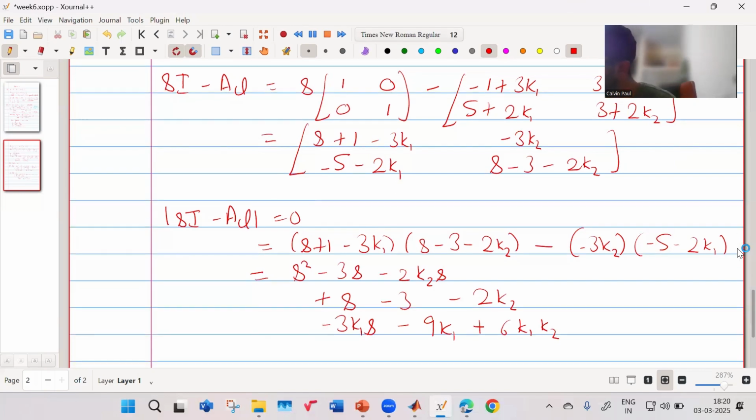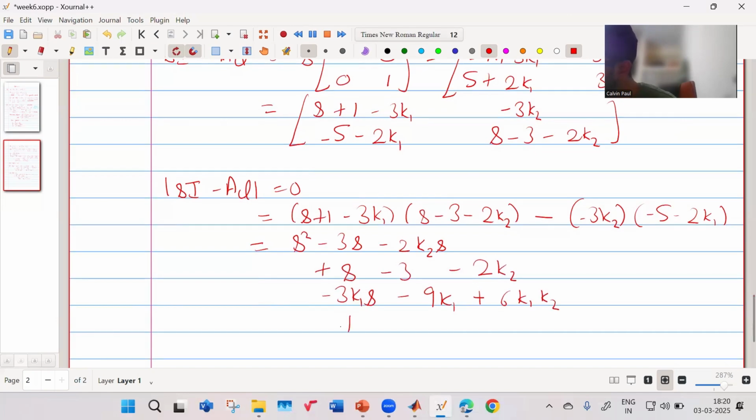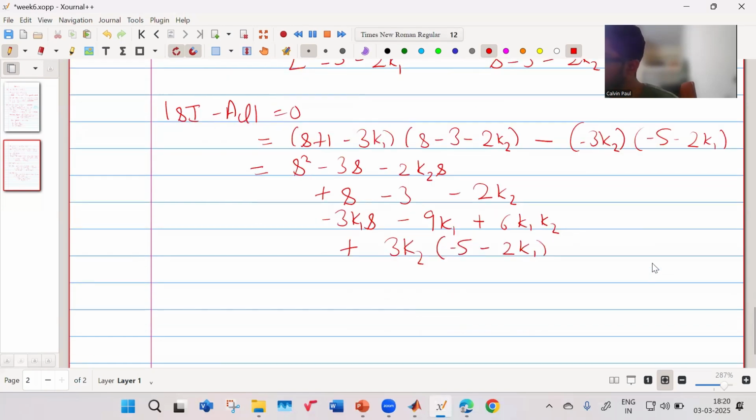Then plus 3k2 into minus 5 minus 2k1. Okay, so that is equal to s squared plus s.